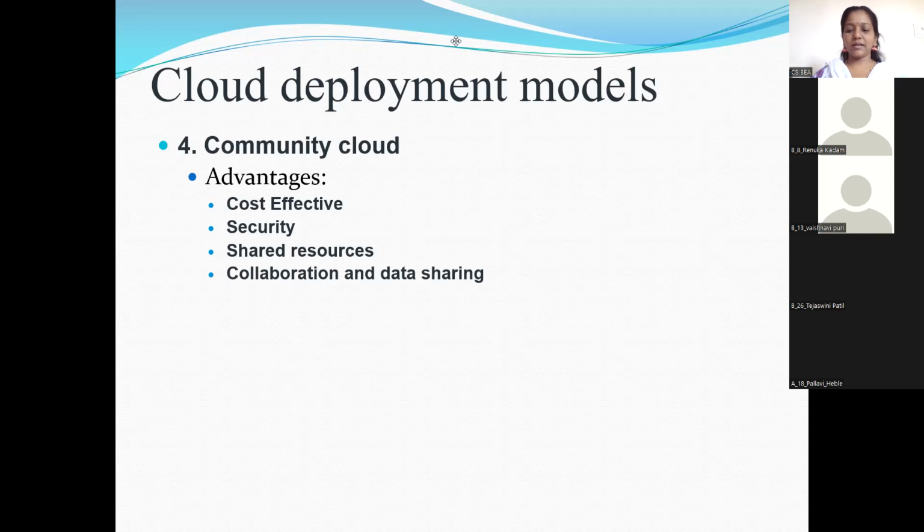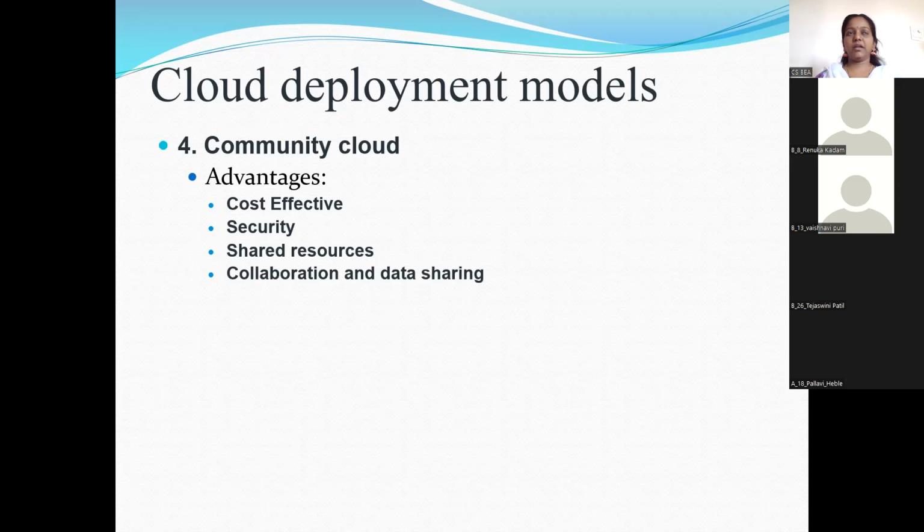It is generally maintained by a third party or by a combination of one or more organizations in that community. The advantages of this are, first, cost effectiveness. That means it is cost effective because the cloud is shared by multiple organizations or the community.